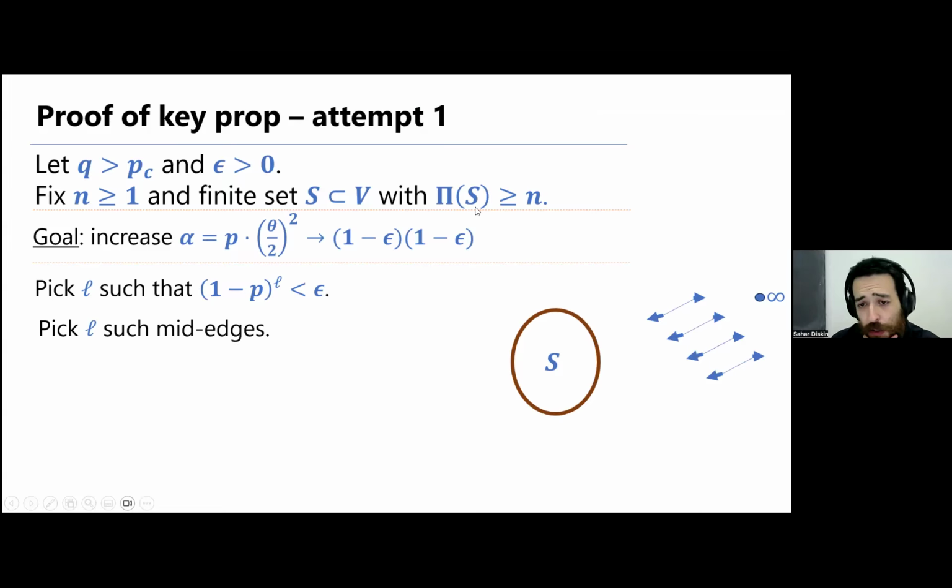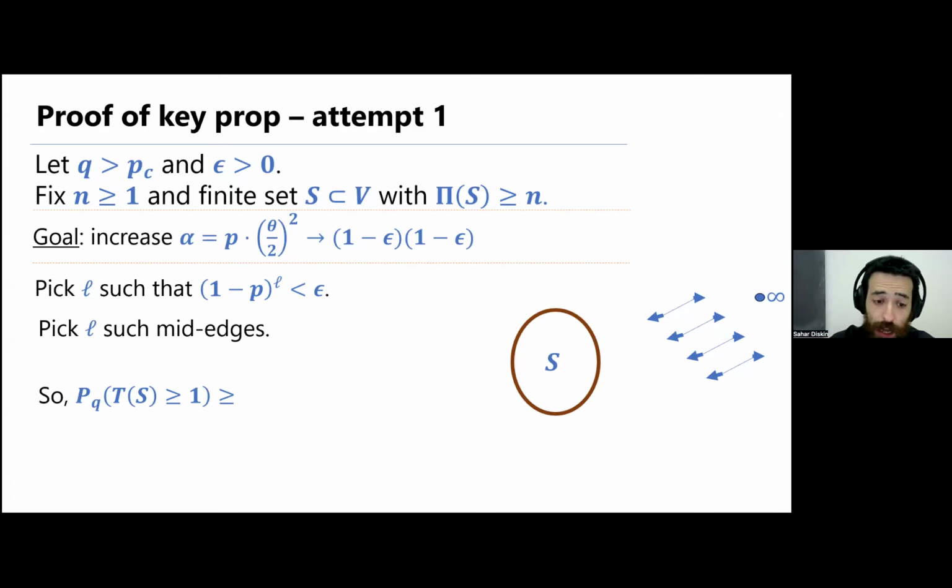I can do this because pi of s is at least n, and n is very large as far as I'm concerned. P is constant, and L is just some number. So I can certainly find some L mid edges in the sense that one endpoint goes to infinity and the other endpoint favors s. And then what's the probability that I manage to get at least one touch?